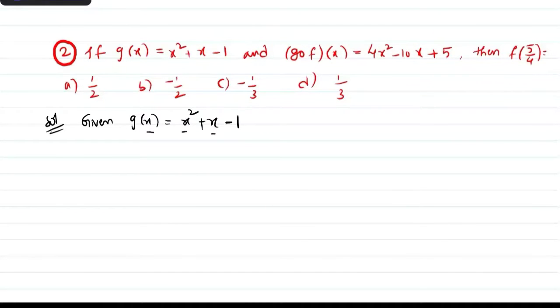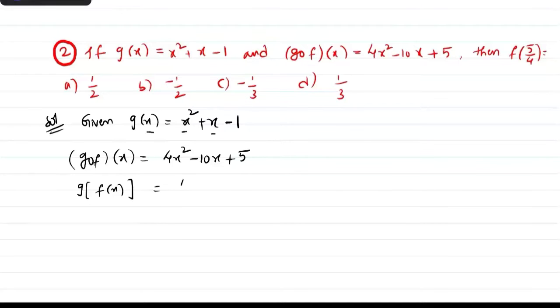Now come to the second data, what he has given. G circle f of x is equals to 4x square minus 10x plus 5. Okay, according to the definition of composite function, we can write g circle f of x as g of f of x is equals to 4x square minus 10x plus 5.